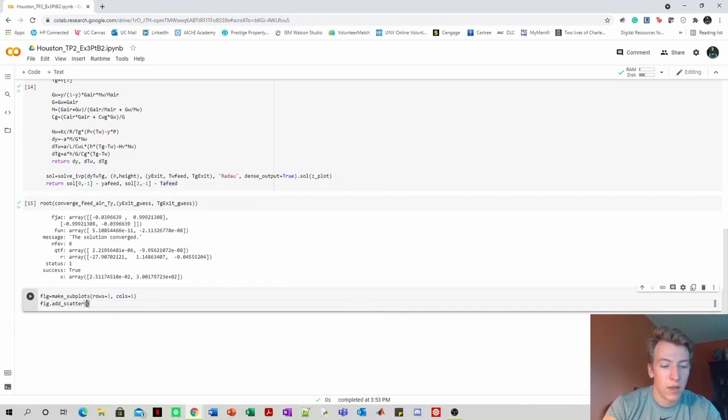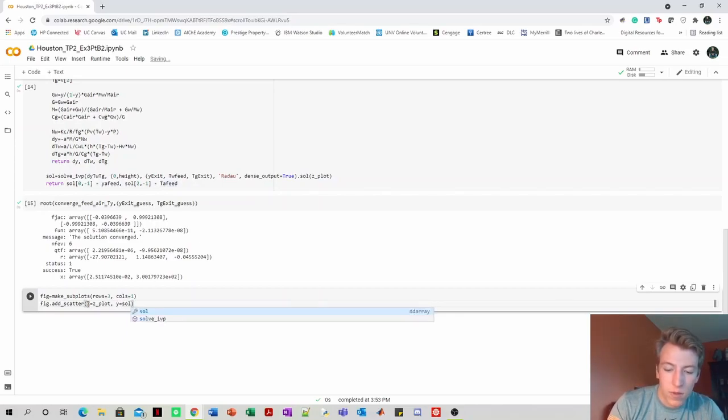So x is equal to z underscore plot, which we defined before, and that y value being equal to the sol value p of 0, the first term, colon, comma, and then we're going to define a name for this.